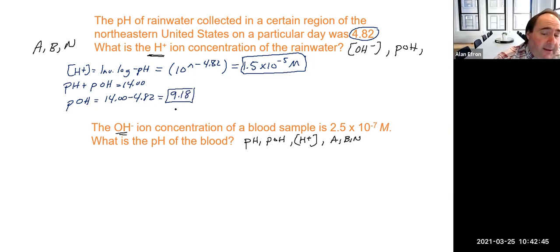Now that I have my pOH, I can use it to get my OH minus by doing the same calculation as with the H plus. And that would be the inverse log of the minus pOH. And that's going to give me 10 to the minus 9.18. And that would get me, looks like maybe 6.6 times 10 to the minus 10.